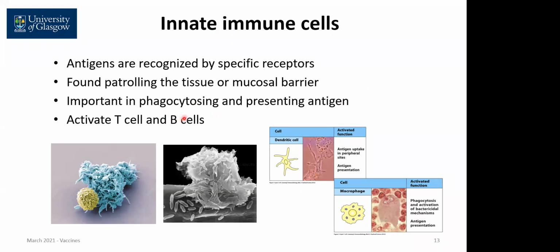The innate immune cells' role, specifically dendritic cells and macrophages, is to phagocytose and present antigen. The process of phagocytosis, which we'll talk about in the next slide, is basically engulfing the antigen, the microbe, degrading it, and then presenting it to a T cell or B cell. This is the important role of innate immune cells: to activate T cells and B cells.